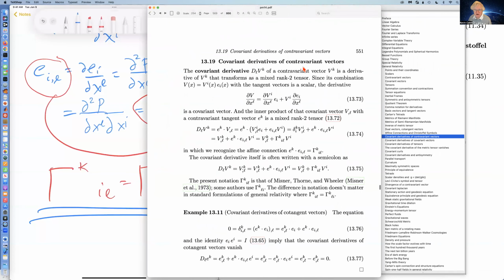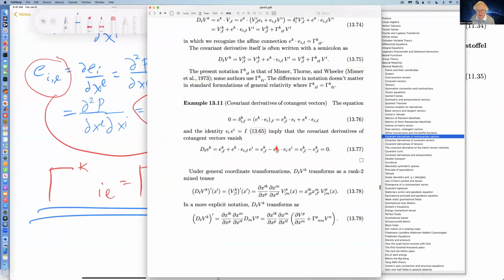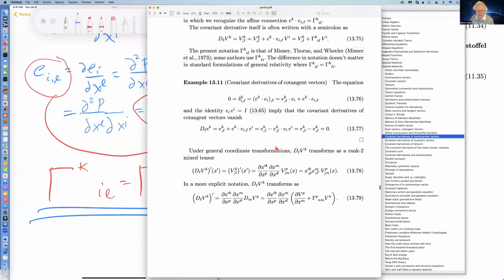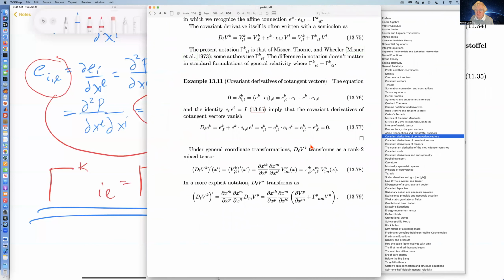Okay, so we've just done covariant derivatives of contravariant vectors. The question is, what about covariant derivatives of, for example, cotangent vectors? We know that the derivative of the Kronecker delta obviously vanishes, and consequently we get this relation, which is actually quite important.